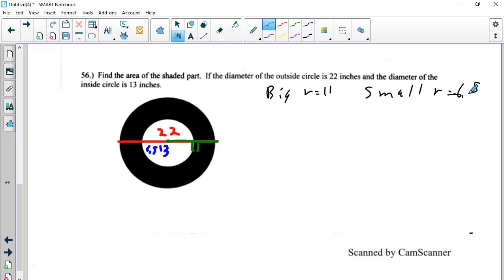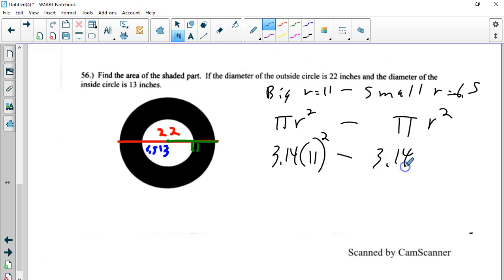So we're going to do the area of the big, pi r squared minus pi r squared. That's simple. Big minus the small. So that's going to be 3.14 times 11 squared minus 3.14 times 6.5 squared.